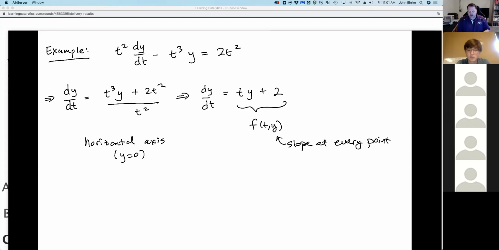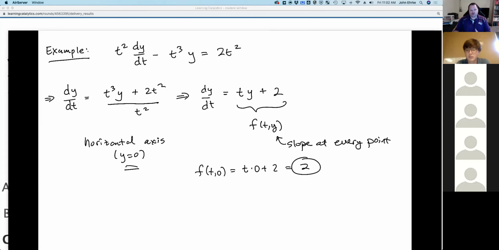In particular, if I'm talking about along the horizontal axis, then I'm asking this function what its value is when y is 0. So f of t comma 0 would be t times 0 plus 2, it's 2. So all of the slopes along the horizontal axis are 2. I'm going to bring Maple over here in a second. We're actually going to look at this problem in Maple and see that that's indeed correct.